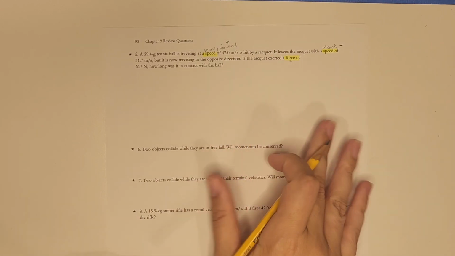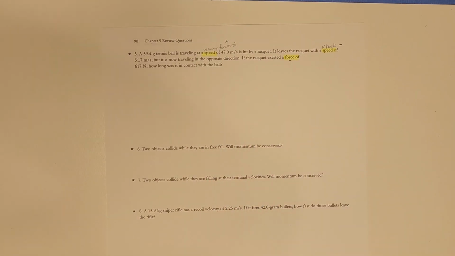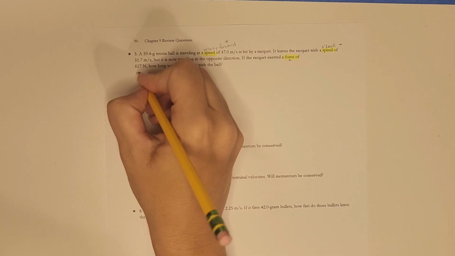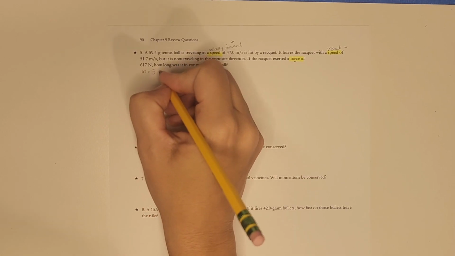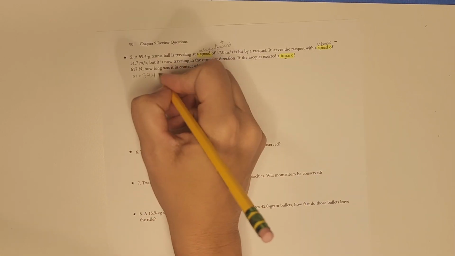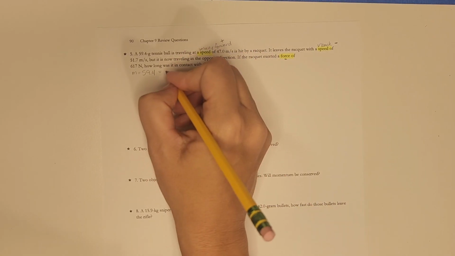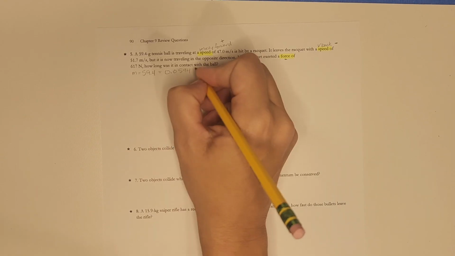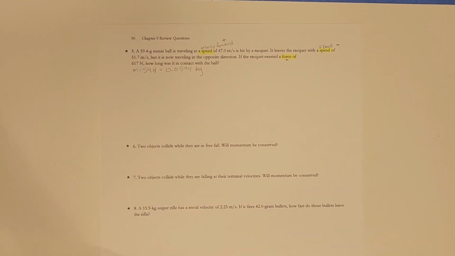So let's now write out all of our known variables with the signs that we have assigned. Our mass is 59.4 grams, and of course, we're going to change that to kilograms: 0.0594 kilograms.